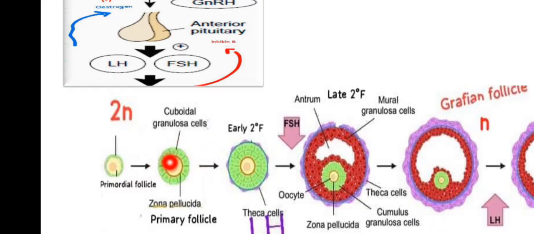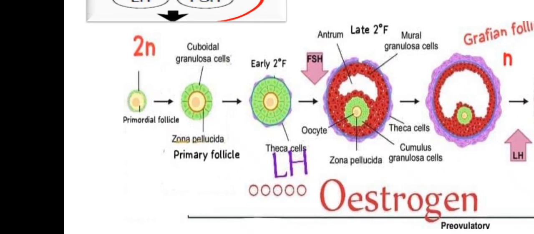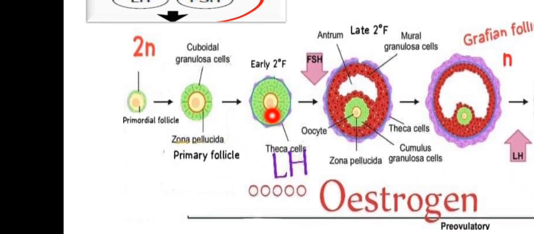And then this primary follicle is going to develop into what we call the early secondary follicle. What's the difference? The primary follicle only has one layer of granulosa cells, but the early secondary follicle has got multiple layers of granulosa cells. So there are granulosa cells and the thecal cells here.